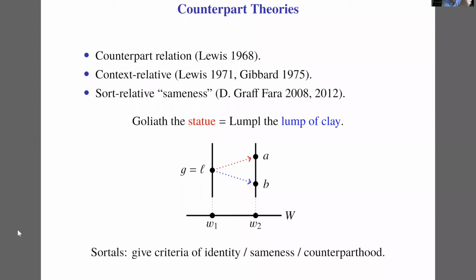Or two, all these previous approaches incorporated the fact that, for instance, clay is a sortal as part of the definition of the semantics. It's part of the model. So you cannot express the cognizer's ignorance regarding whether clay is a sortal or not.